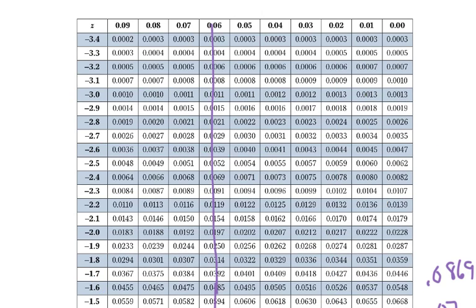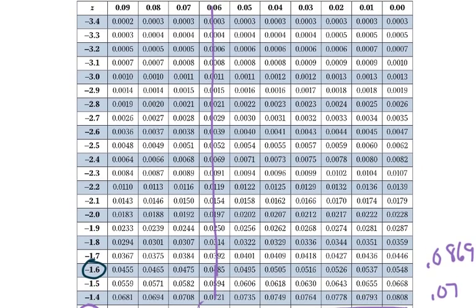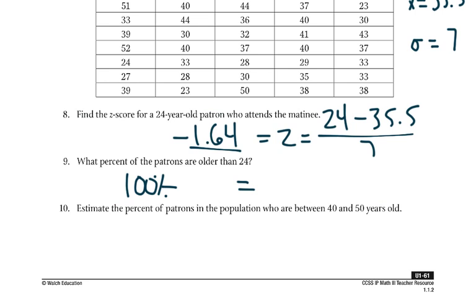So negative 1.64, so negative 1.6, and then 4 is right down here. So it'd be 0.0505. Okay, so basically 5.1%, I guess. So 100 minus 5.1 would give us 94.9%, or older.